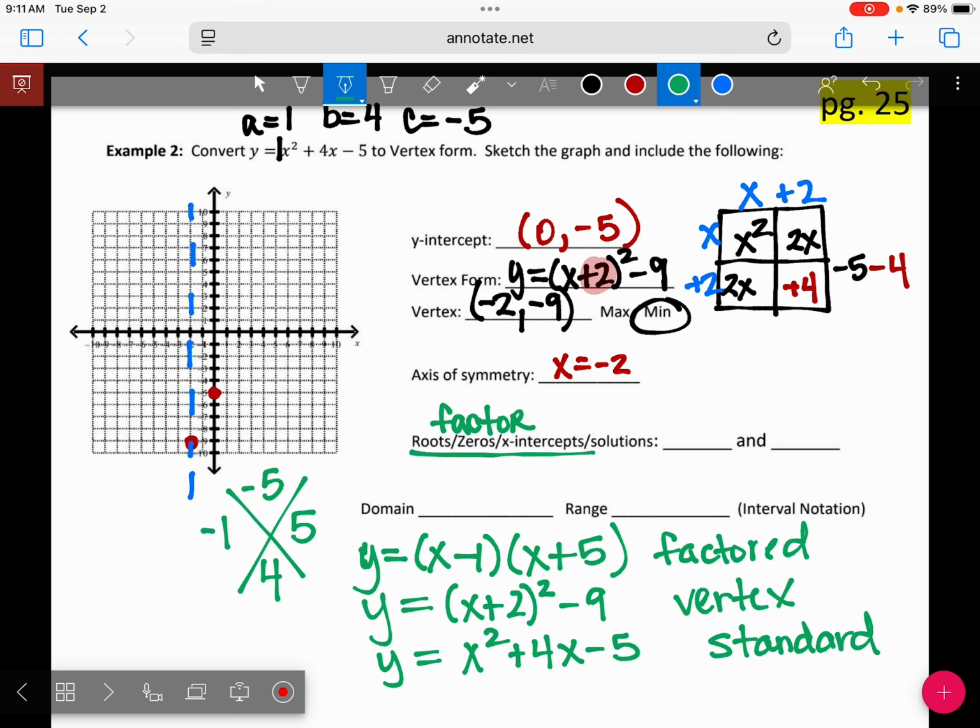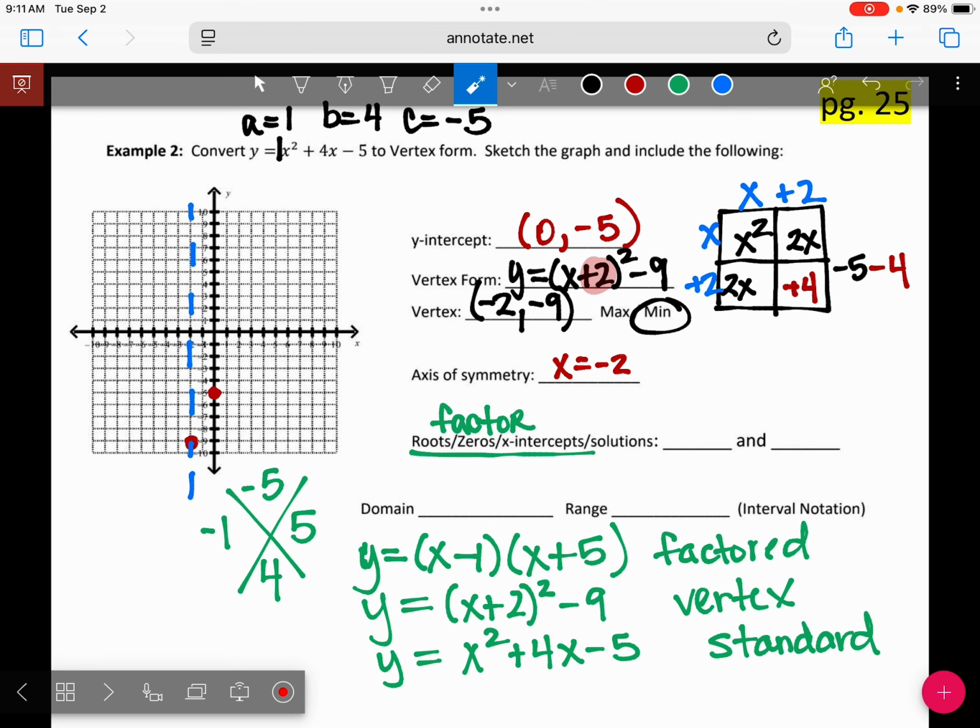It's kind of like 3 different words that mean the same thing. If we made a table of values, all 3 of those would be exactly the same. But each form has a different benefit. The benefit of factored form is that I can find my x-intercepts by setting these equal to 0. The benefit of vertex form is I can figure out where my min or max is. And from standard form, the only thing I can figure out is my y-intercept.